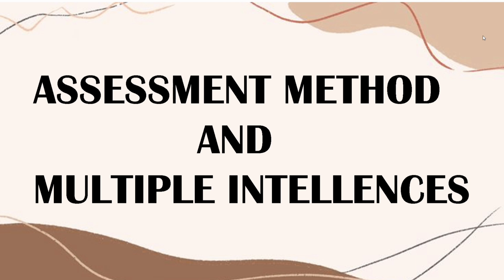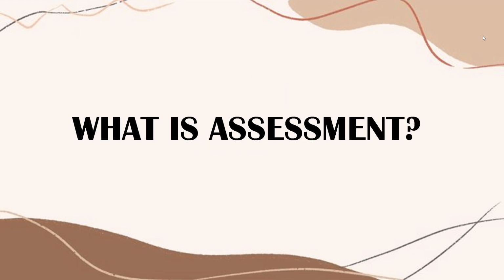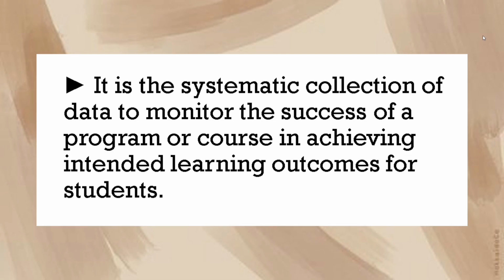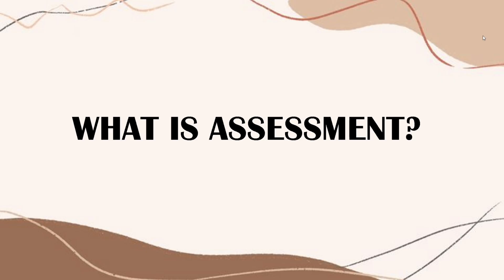So, the assessment method and multiple intelligences. What is assessment? In education, assessment serves three primary purposes. Assessment for learning helps guide instruction by identifying students' needs. Assessment of learning measures students' achievement after instruction.